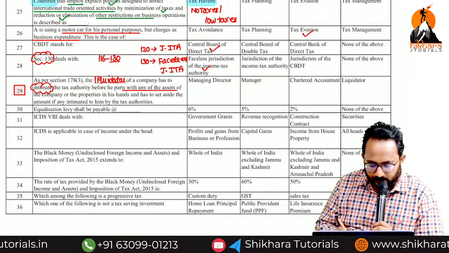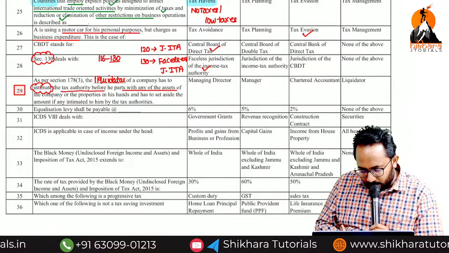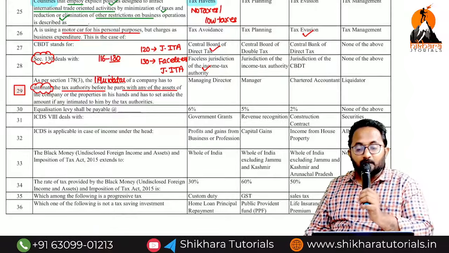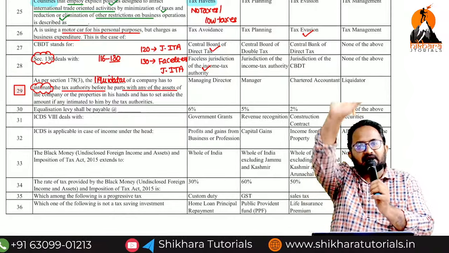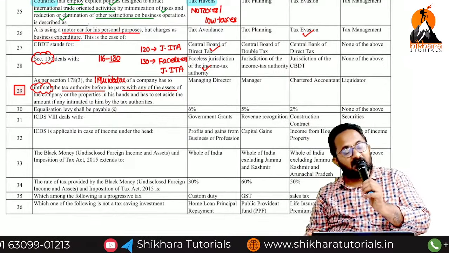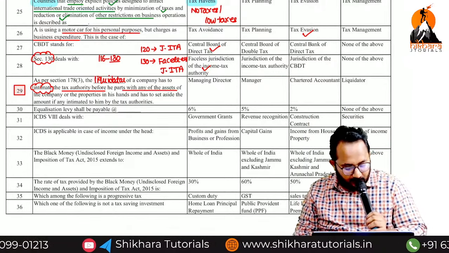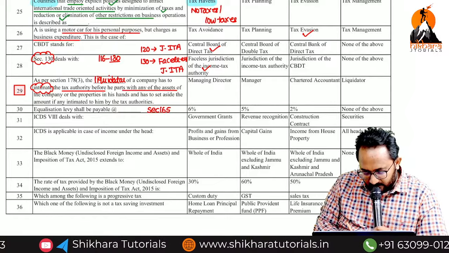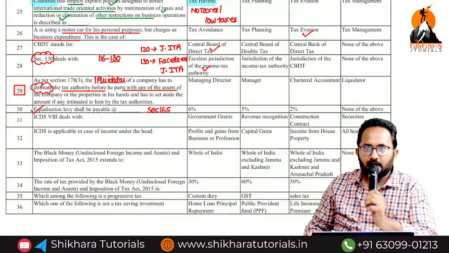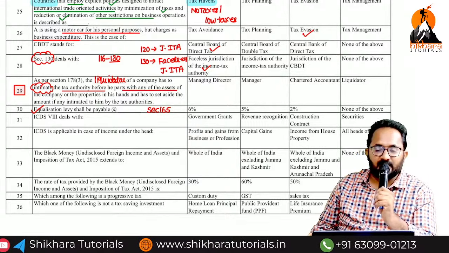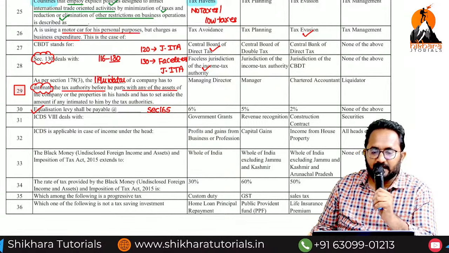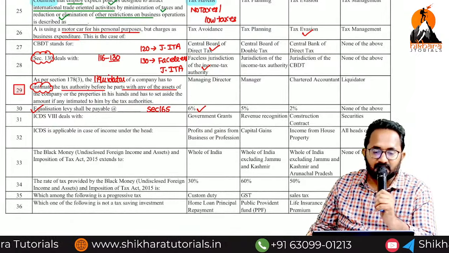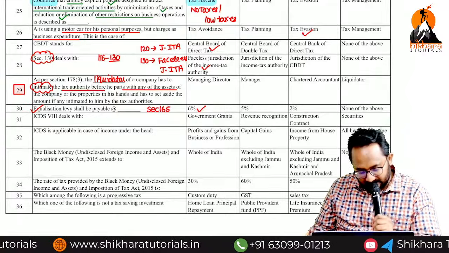Tax authorities. With the permission of the tax authorities only he can sell the company assets and discharge the liabilities of the company. Now section 165, equalization levy. If the specified services related consideration exceeds rupees 1 lakh, threshold limit 1 lakh, we have to deduct the equalization levy at the rate of 6%.